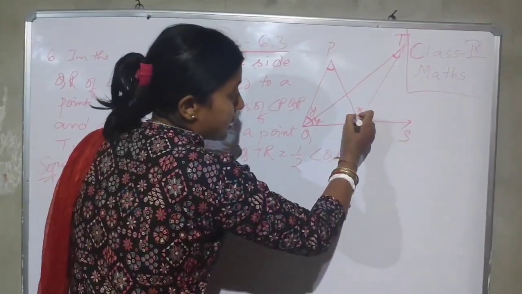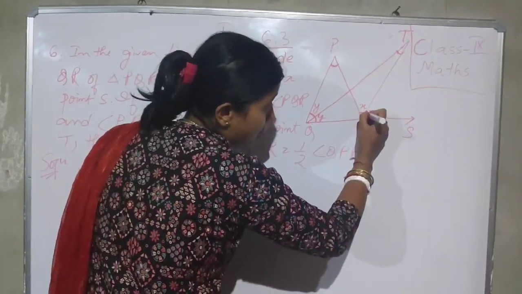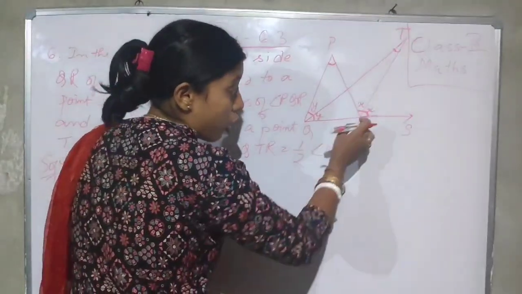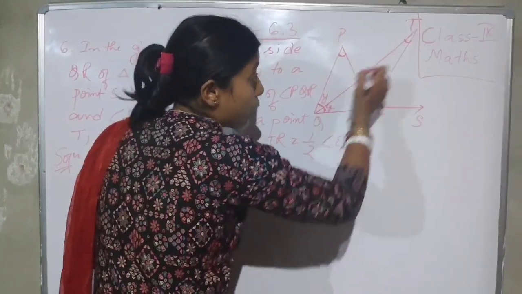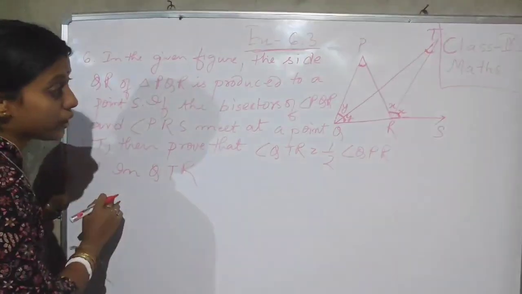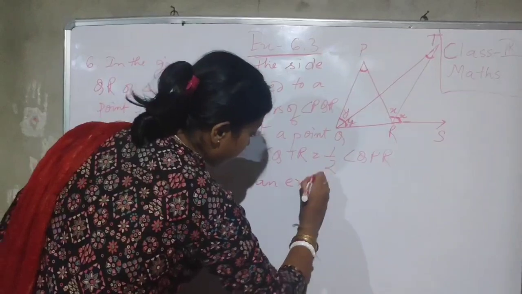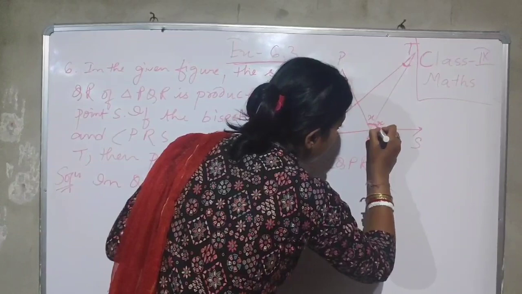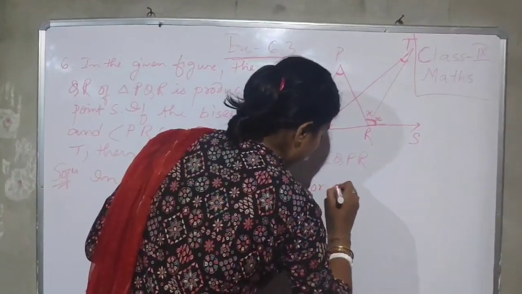In triangle QTR, this one will be your exterior angle, and we take the opposite angles, this one and this one. So x is an exterior angle.